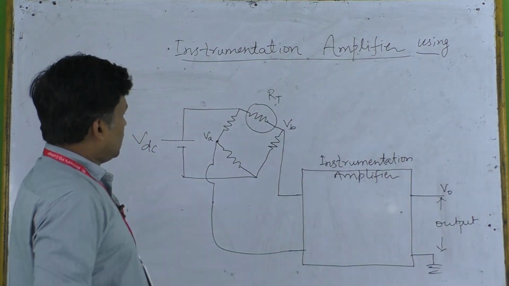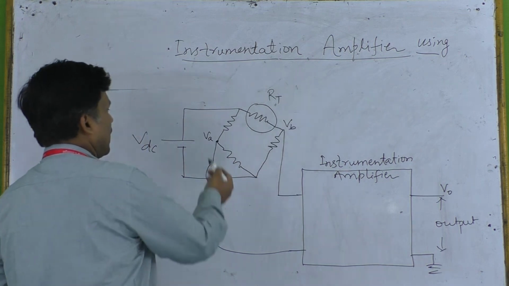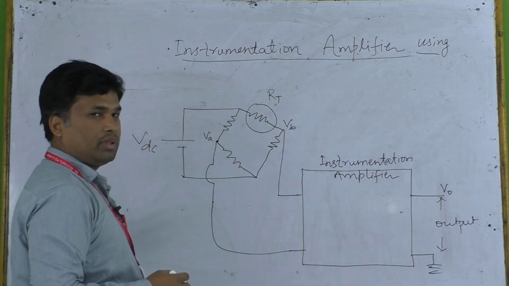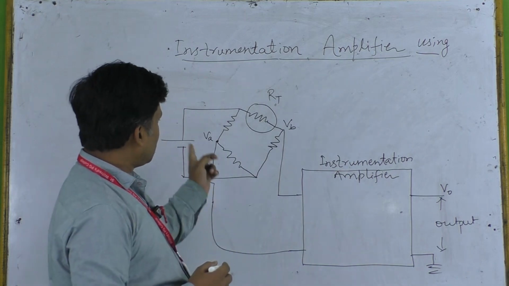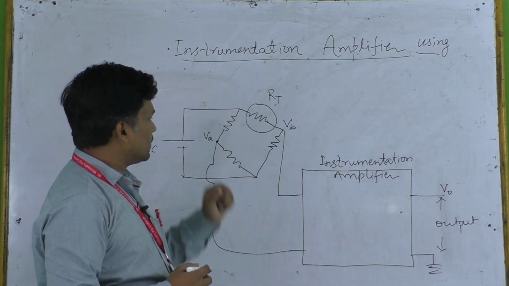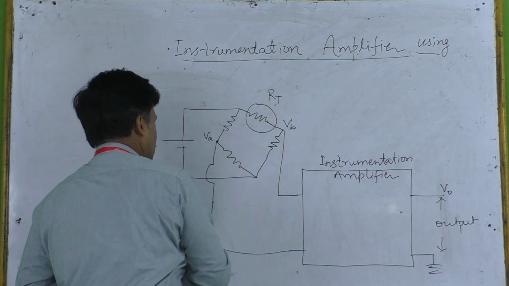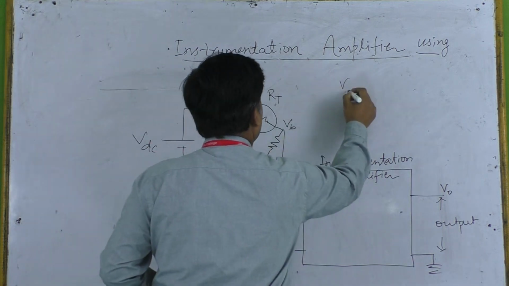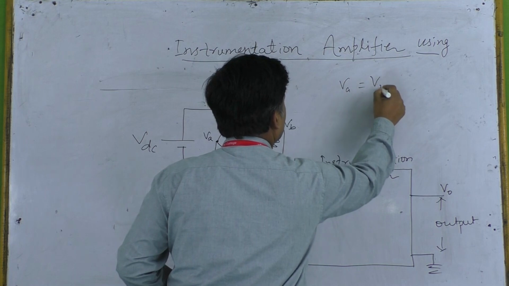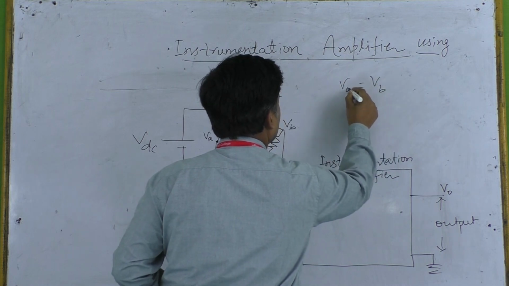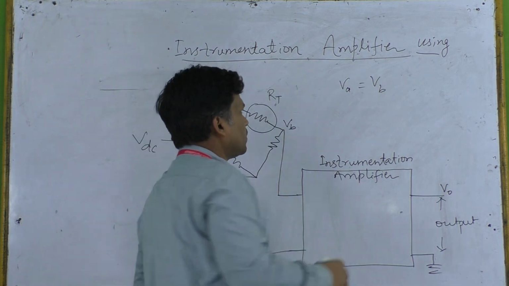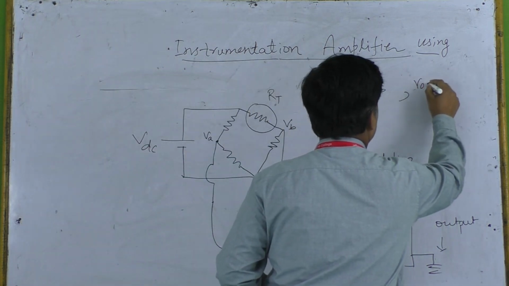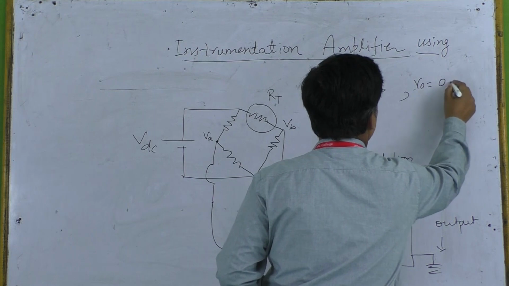First of all, we need to find the value of VA and VB, or the difference between VA and VB. Whenever the bridge is balanced, then VA will be equal to VB, and in that condition the output voltage will be equal to 0 volt.